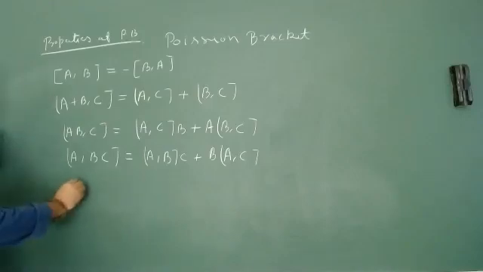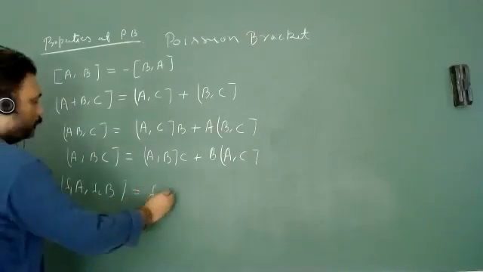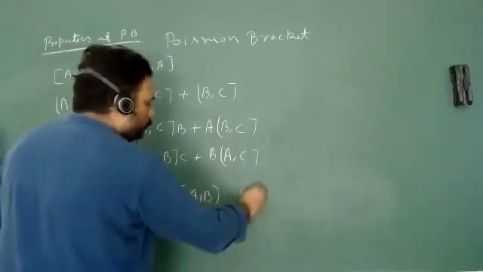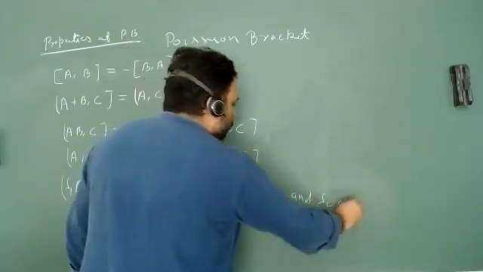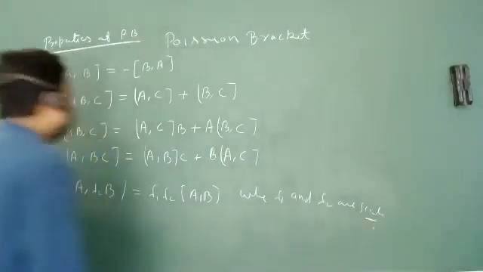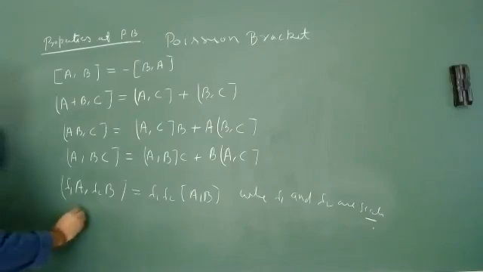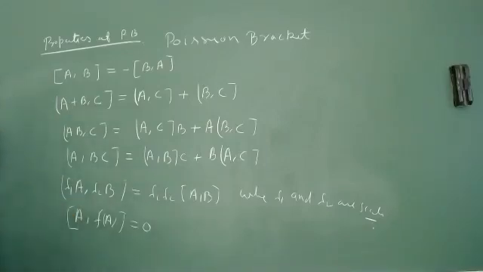Suppose you have, let's say, lambda 1 A and lambda 2 B, where lambda 1 and lambda 2 are scalar numbers, then you can just write lambda 1 lambda 2 {A, B}, where lambda 1 and lambda 2 are scalars. So you have to just remember this thing. If you have {A, f(A)}, that will be 0.